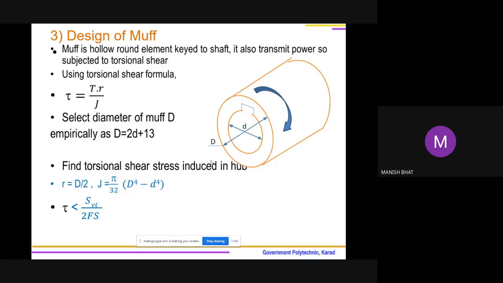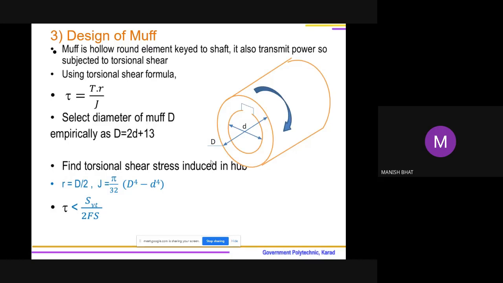But what we will be doing is selecting the diameter of the muff empirically as twice the diameter, plus some allowance, 13 millimeter, is added. So D, the outer diameter of the muff, will be 2 times the shaft diameter plus 13. So we will be choosing the capital D outer diameter based upon the inside diameter.